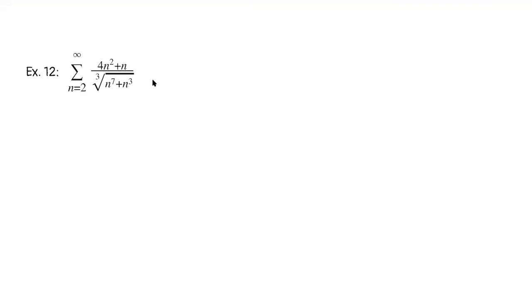But with the radicals here, I think this is a good time to think about our exponent properties, and that can really help us determine that b sub n. When we're determining the b sub n, what I like to do is find the dominating power on the top and the dominating power on the bottom, because if they're all variables like we have here, the one with the highest power will have the most impact on the end behavior.